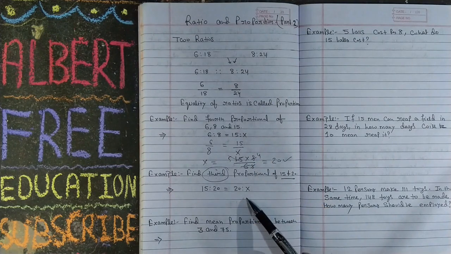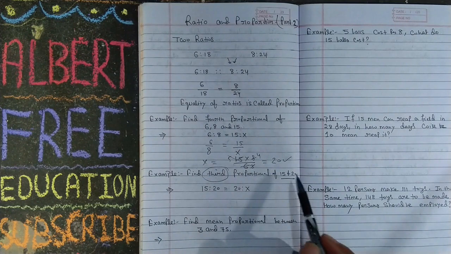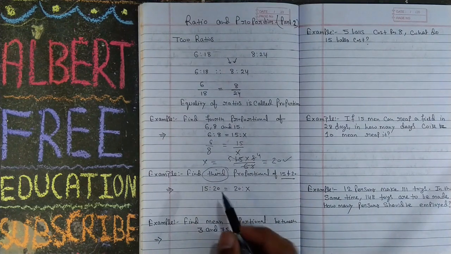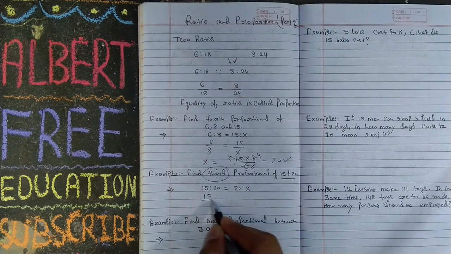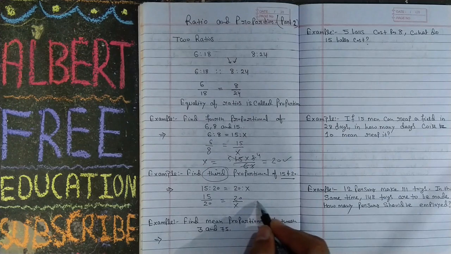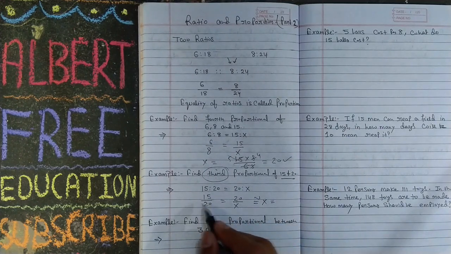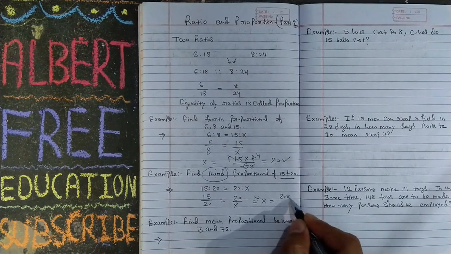So 15/20 is equal to 20/x. So x is equal to 20 into 20/15. This is your answer.